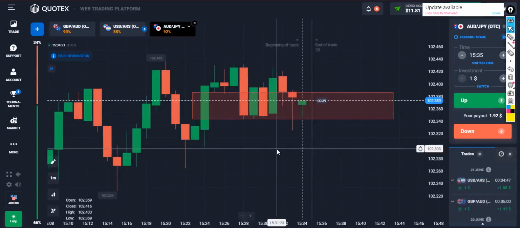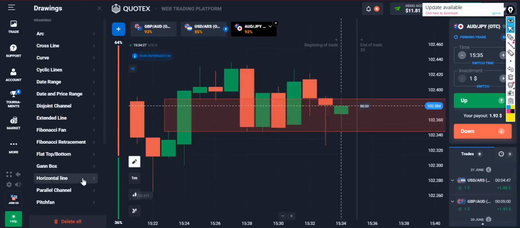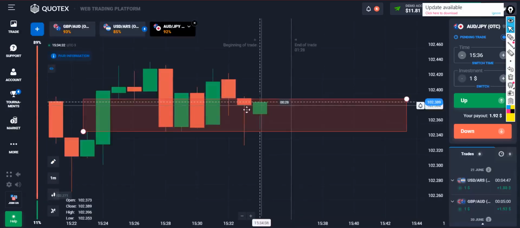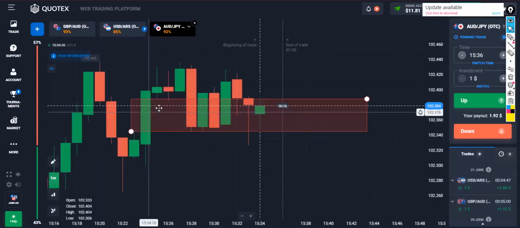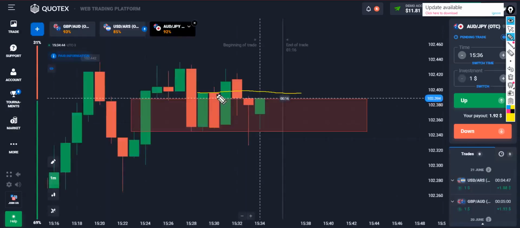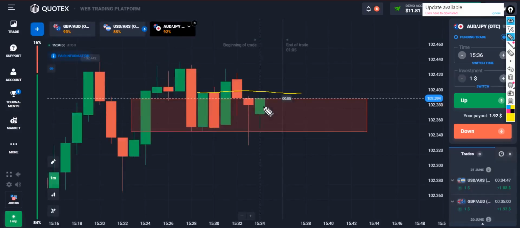As you can see, if we would have taken a trade in this area, this is a fair value gap, so it is a green candle, so obviously we could have taken a trade right here, right? So let's see. 1, 2, 3, 4. So we could have made a loss right here.